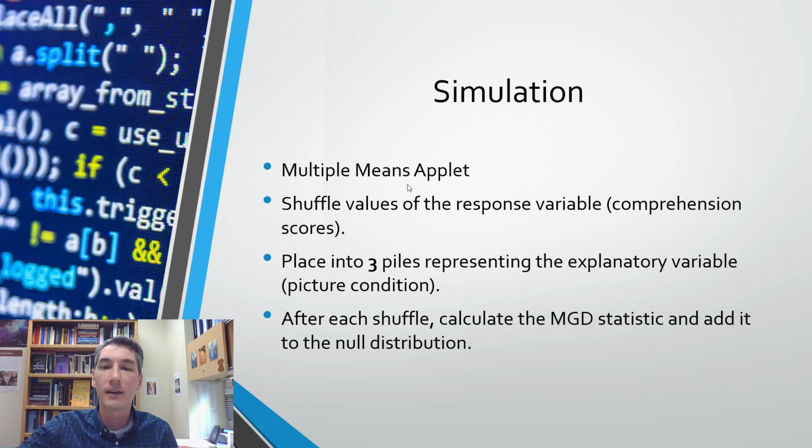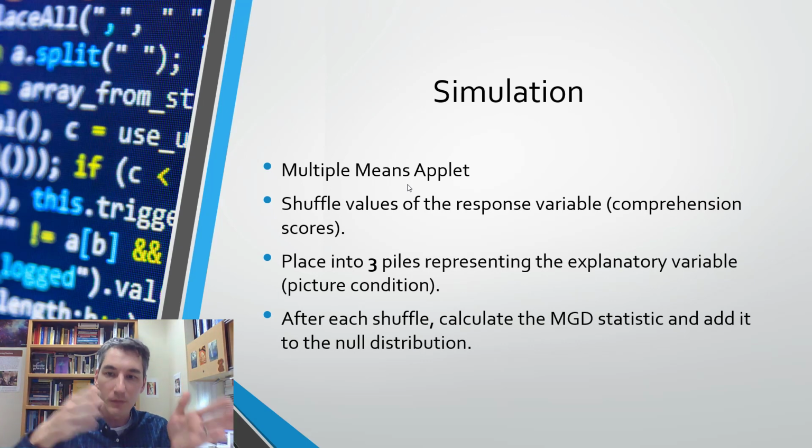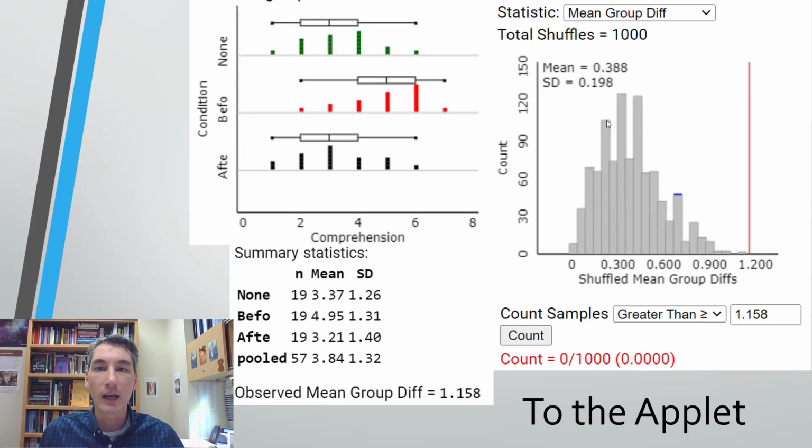And put it in the null distribution, and then we can do it again. Shuffle the values, place them into 3 piles, compute the mean group difference statistic, put it in the null distribution. If we do that over and over and over, we'll get a simulated null distribution of what kind of statistics could happen by random chance. Then we compare that to the statistic we got in our sample.